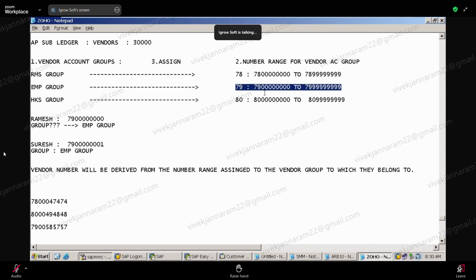Step number 1. When you are doing any project, the first question you ask is, what are the groups you have? Whenever you go to a project, you don't go to a newly born company. If they are spending 10 million and buying SAP software, it is not born today. It is a running, big company.